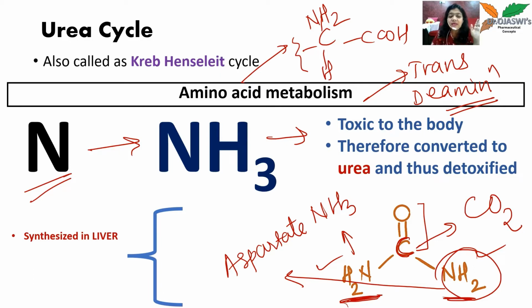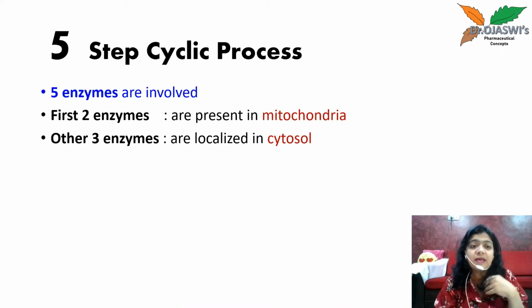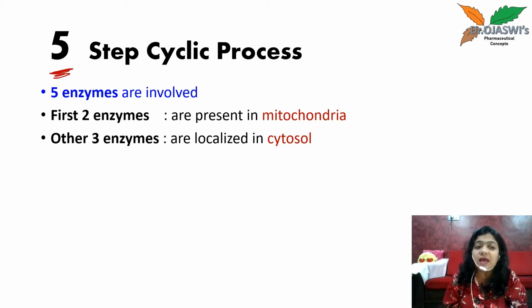This urea is synthesized in the liver and it is transported to the kidney for excretion in urine. There are 5 steps in the urea cycle. Each step is carried out with the help of one enzyme, so 5 steps, 5 enzymes are involved.